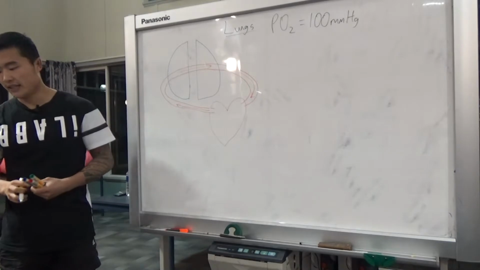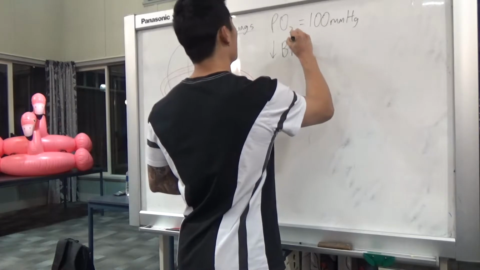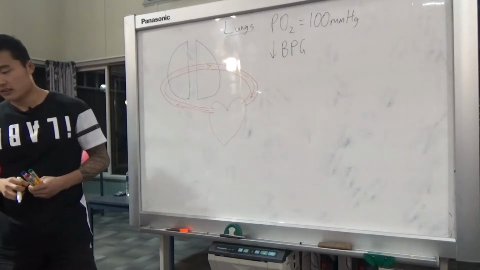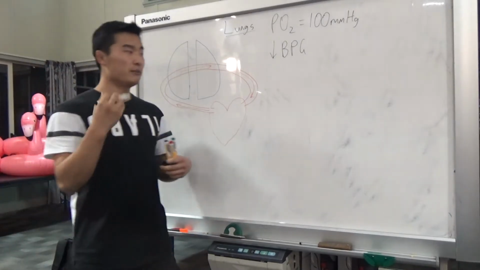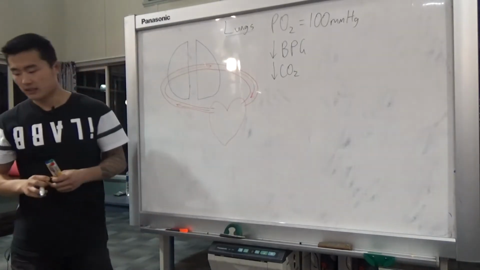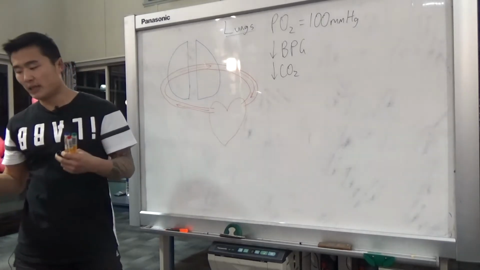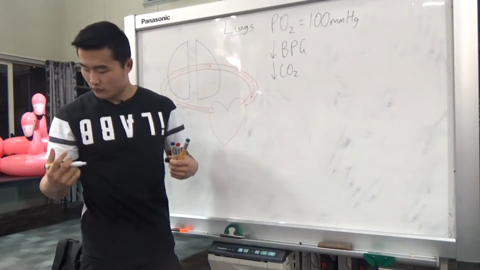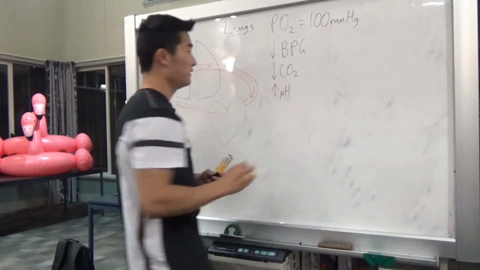And the levels of BPG in the lungs are going to be low, and you're breathing off CO2, so carbon dioxide is going to be very low in the lungs, and there's no active muscles producing lactic acid or protons, so the pH is going to be relatively high.